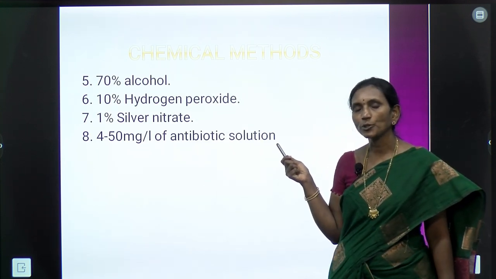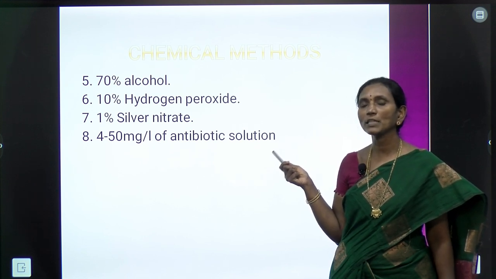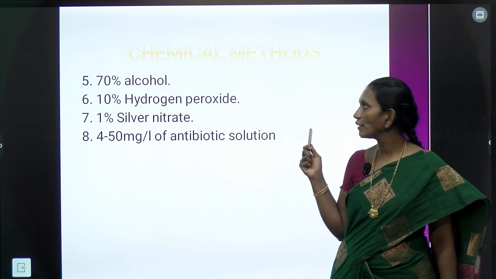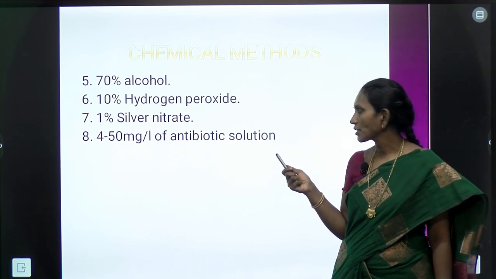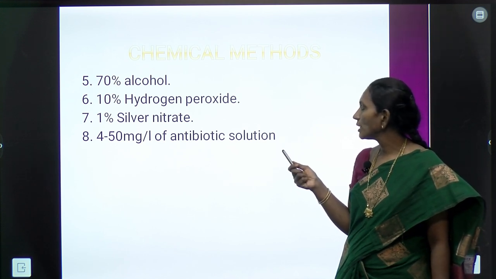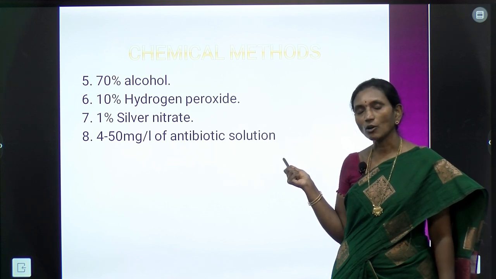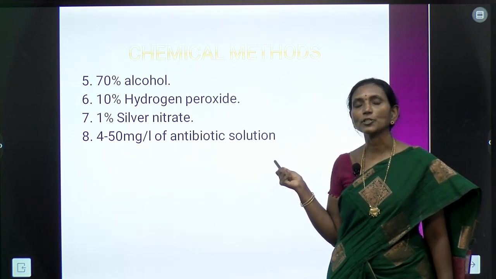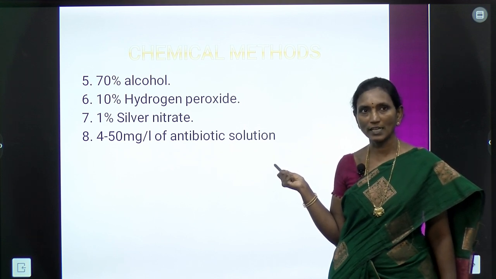I already told you that inoculation instruments are first sterilized by dipping them in alcohol followed by flame sterilization. 10% hydrogen peroxide, 1% silver nitrate, 4 to 50 milligrams per liter of antibiotic solution. We can also add antibiotics to eradicate the microorganisms like bacteria, fungi, etc.